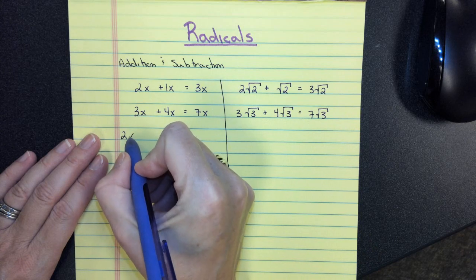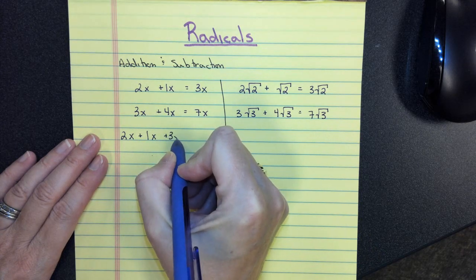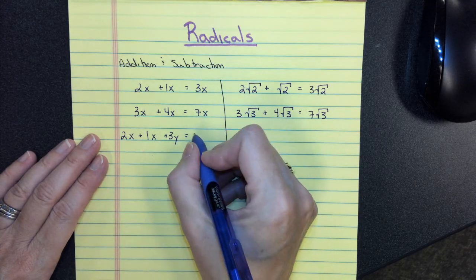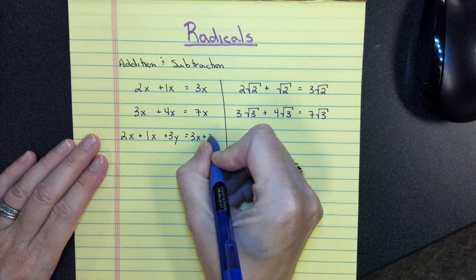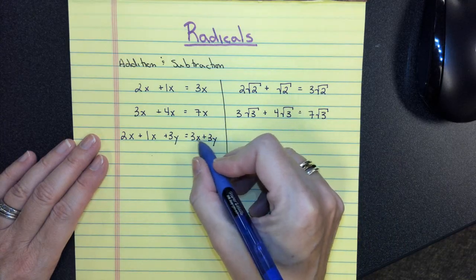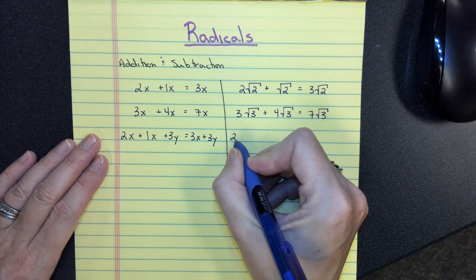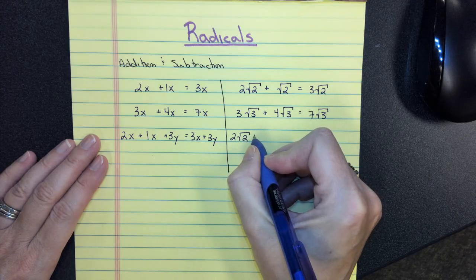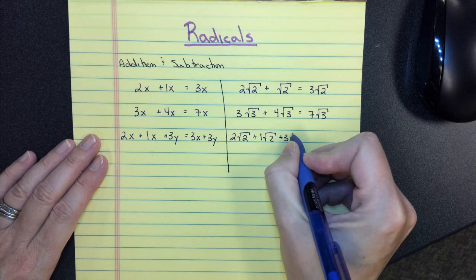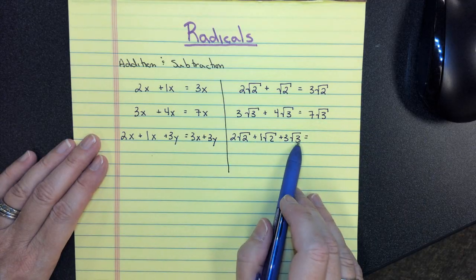If I have 2x plus 1x plus 3y, then when I add like terms, my x's add together for 3x plus 3y. But I can't go farther than this because they're not the same letter. So again, if I had 2 square root of 2 plus 1 square root of 2 plus 3 square roots of 3, these all behave like letters, x, x, and y.